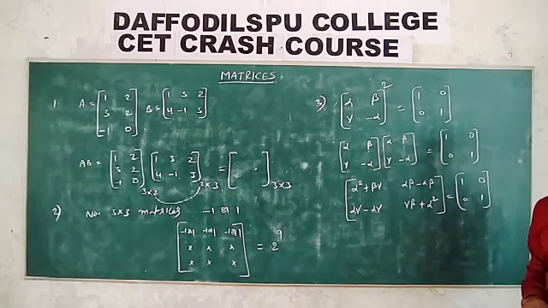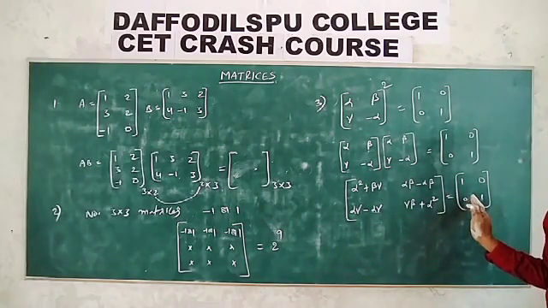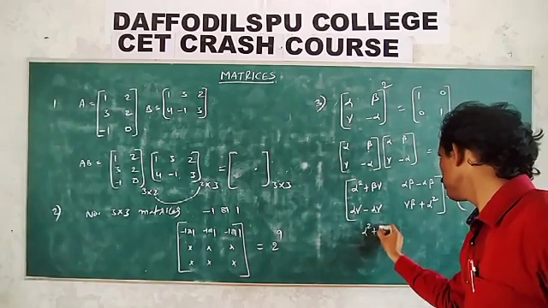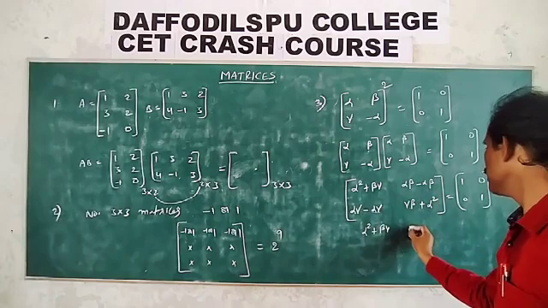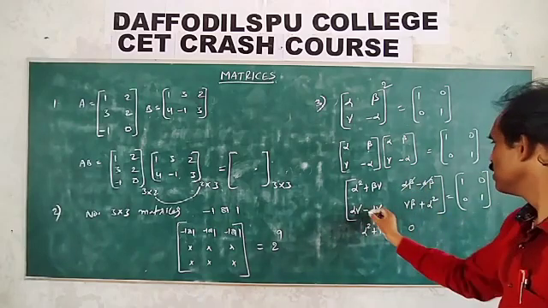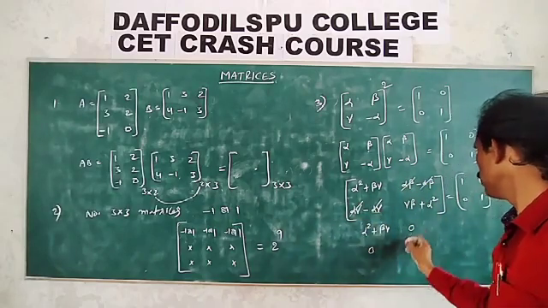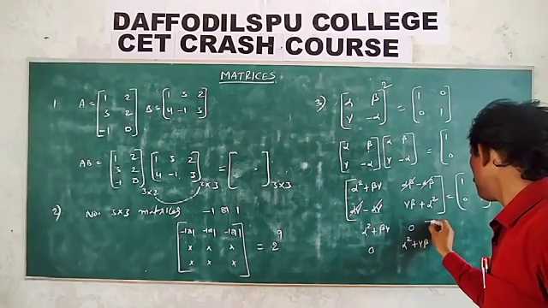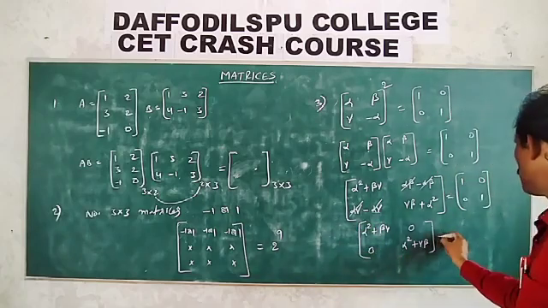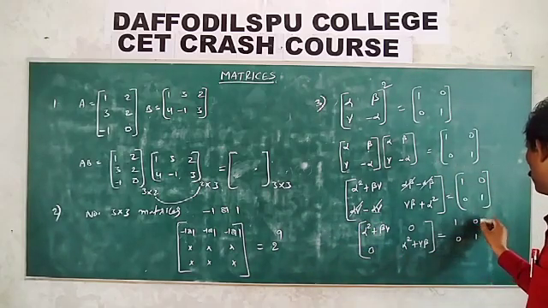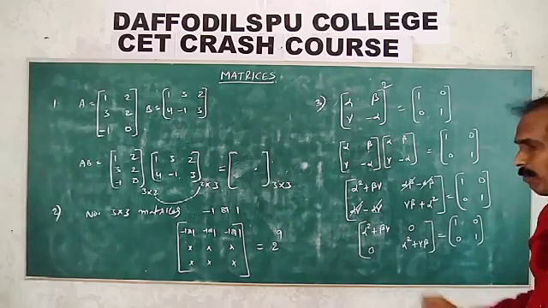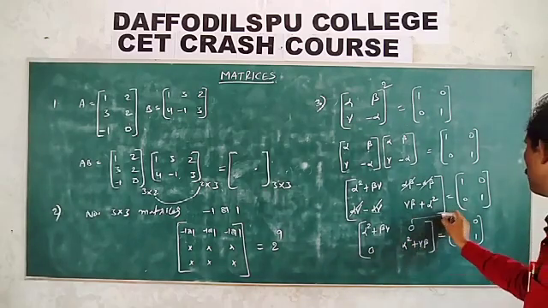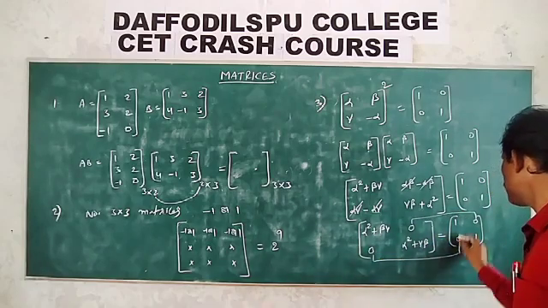If two matrices are equal, their corresponding elements are equal. The off-diagonal elements cancel to 0. Alpha square plus beta gamma, and alpha square plus gamma beta, equal the first and last elements, which are 1, and the second and third elements are 0.